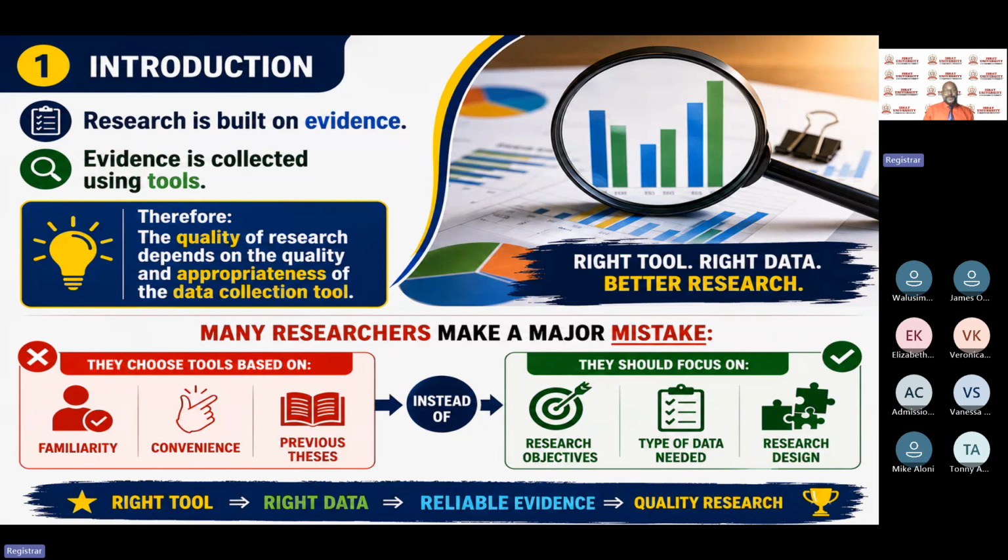Are you going to explore? Are you going to investigate? So, there are different kinds of research. So check on your research objectives. Then you will identify what type of data you need and your research design. So all these things you have to focus on.